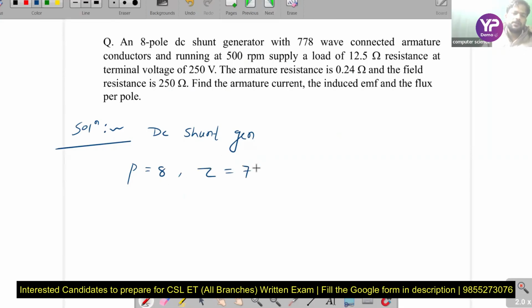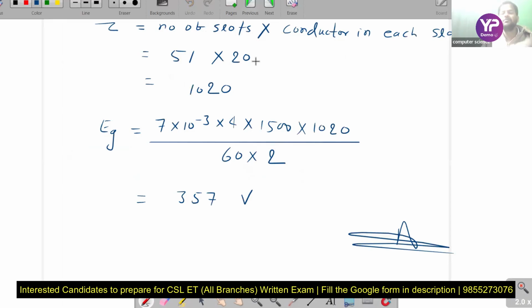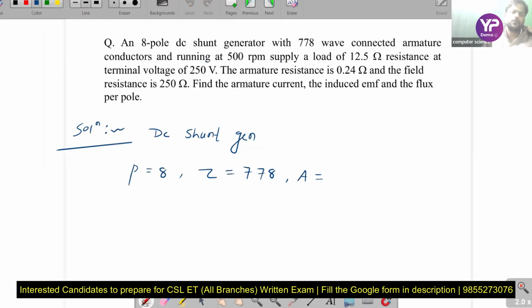The conductor count is 778 and the connection is wave. If it is not mentioned whether the winding is simplex, duplex or triplex wave, we simply take simplex wave winding, and in simplex wave winding the number of parallel paths is equal to 2.